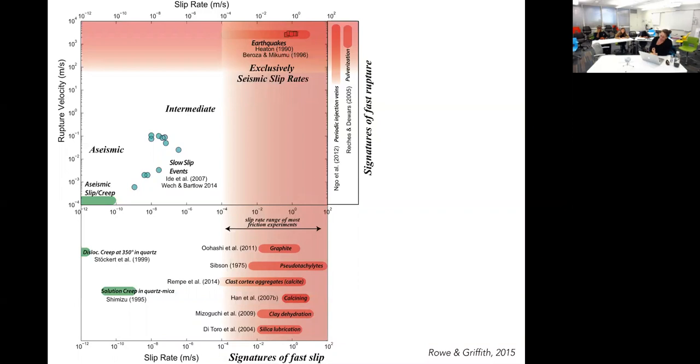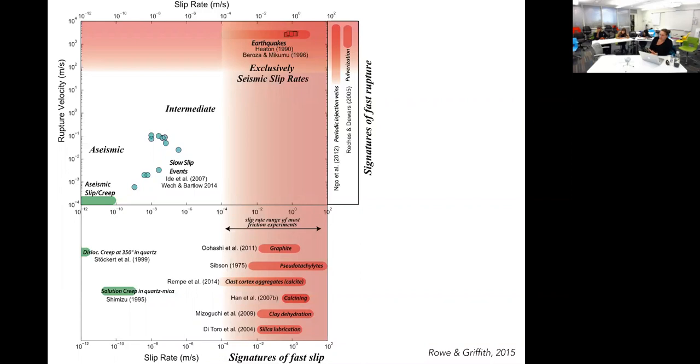What this plot shows is we have rupture velocity on the y-axis, and we have slip rate on the x-axis. In the upper half of the plot, we have things that we observe in the earth. We have aseismic creep way down in the lower left corner. It has the green bar there, showing basically negligible rupture velocity and slow creep rates, something like 10 to the minus 10, 10 to the minus 12 meters per second.